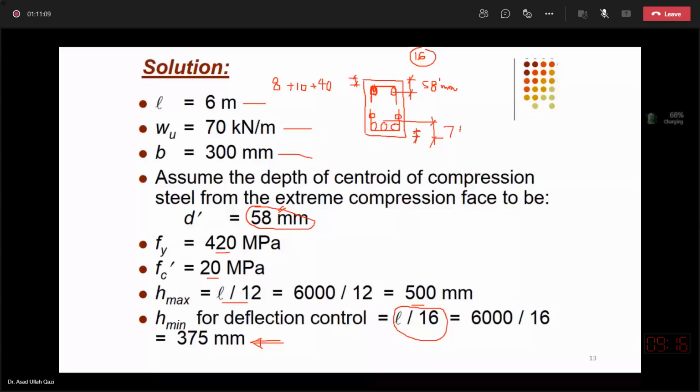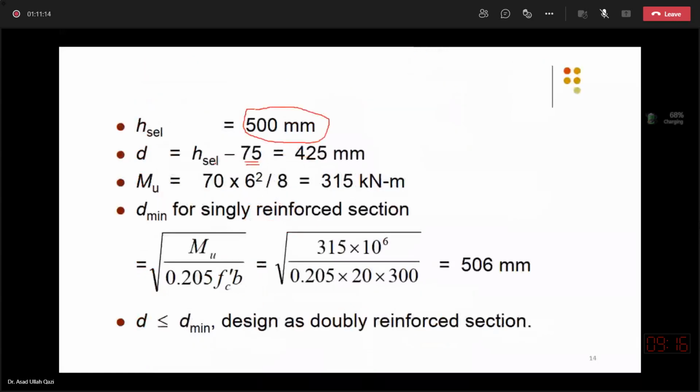So I will subtract it from 500, giving 425 as the D permitted by the architect if cover is 75. Agreed? Then the demand: span and conditions were simply supported. So I selected the coefficient 1 over 8, and I got the ultimate moment, maximum at the mid span, which will be maximum for a simply supported beam, 315. I used it with the FC prime and the B value.